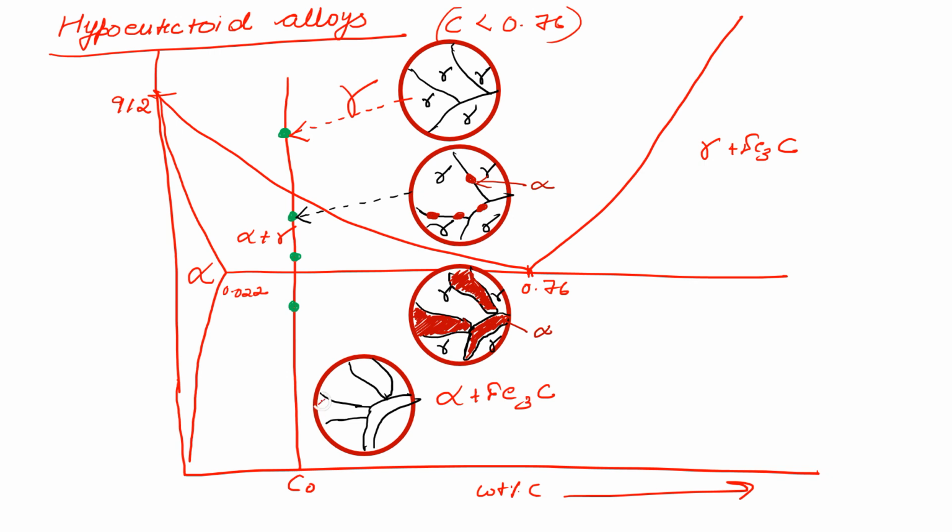So this is the pro-eutectoid alpha that we had seen earlier.